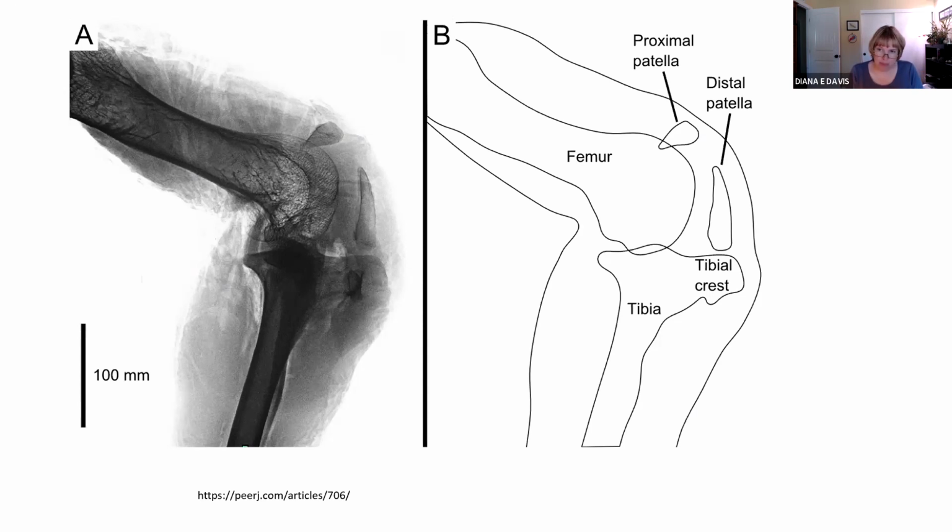Not all mammals have patella. Not all birds have patella. This particular structure, in us it's a bone, but in other species it can be cartilage or it can be fibrous. So not even cartilage, but more like a tendon or a ligament, kind of fibrous.